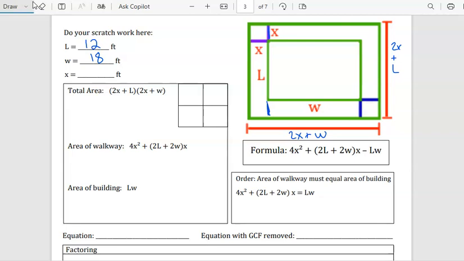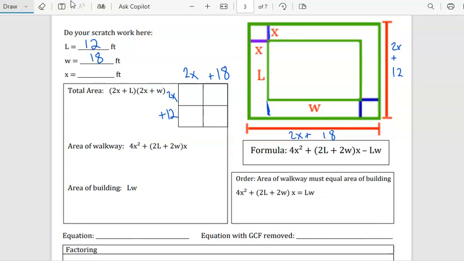We'll set up our box. 2x plus L, and in this case L is 12, so we'll write plus 12 right here. And then at the top we're going to have 2x plus 18.